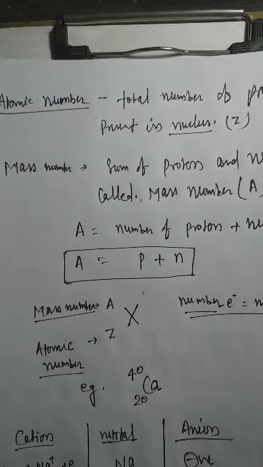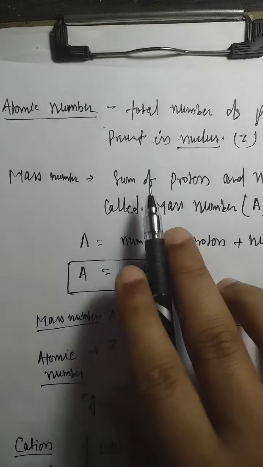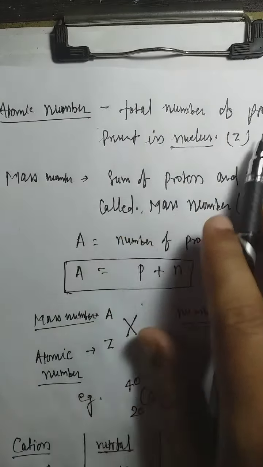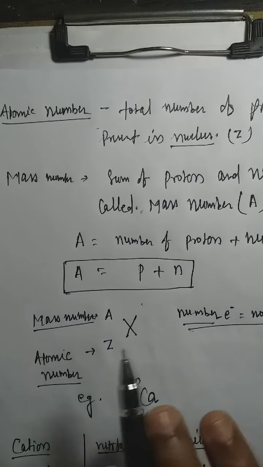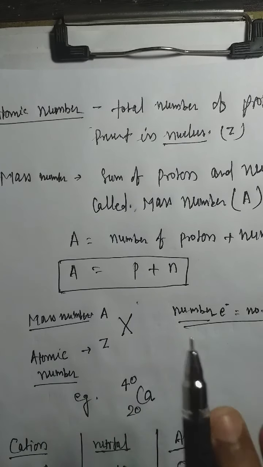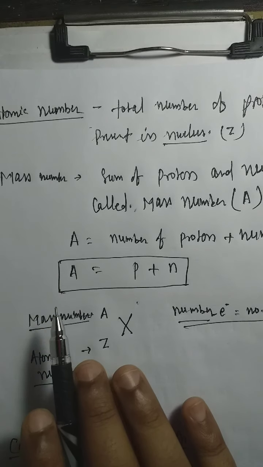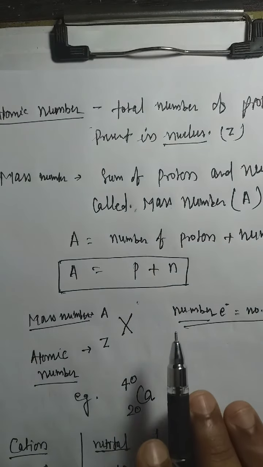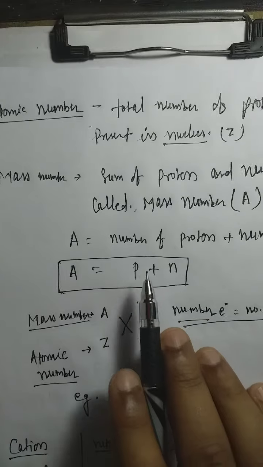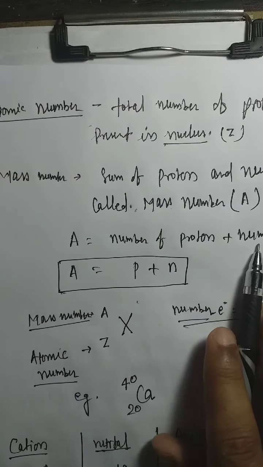So again, I am just repeating this thing. Atomic number is the total number of protons present in the nucleus. Mass number, the sum of the protons and neutrons, is called mass number, indicated by capital A, is equal to number of proton plus number of neutron.